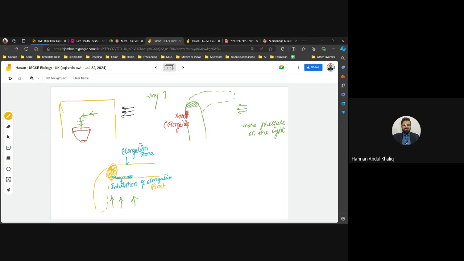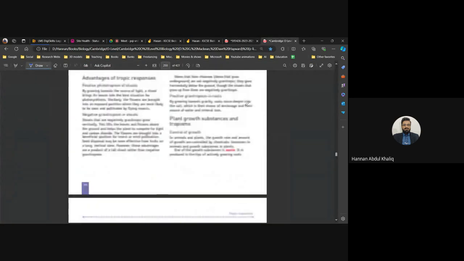Consequently, elongation would occur in opposite cells, and it would bend the root. So the whole chemistry of this process has been explained here.